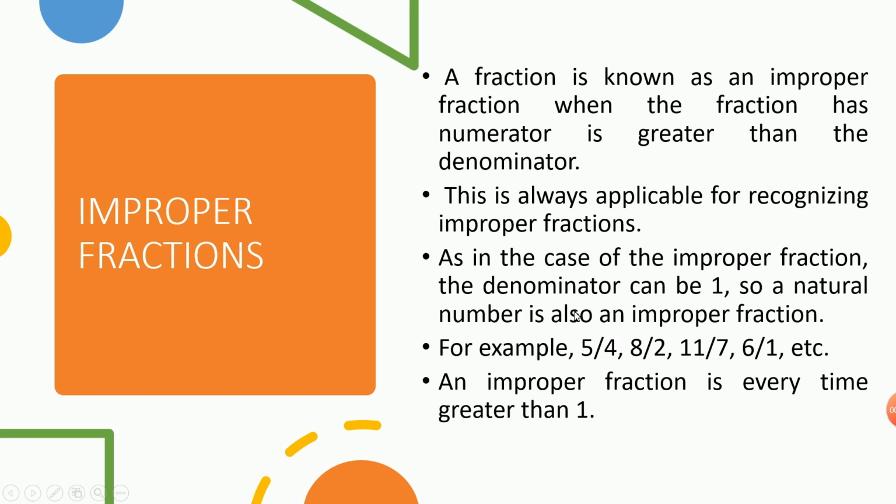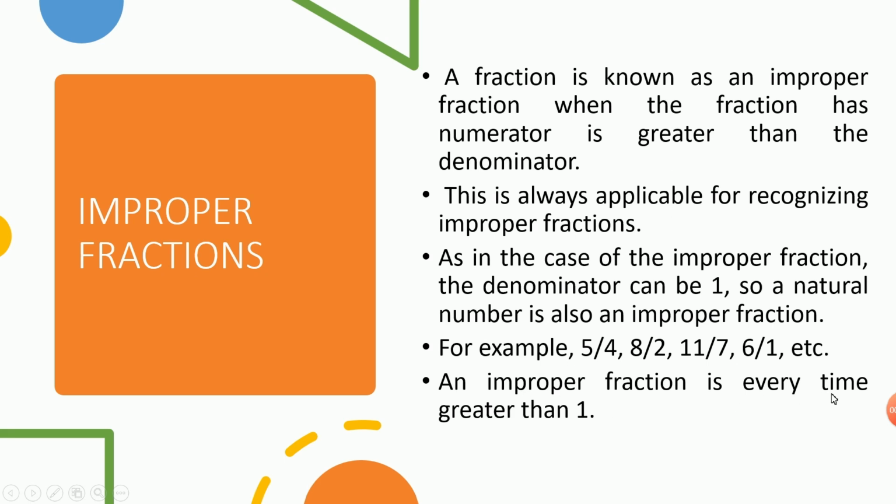So a natural number is also an improper fraction. Normally we write the numbers 1, 2, 3, and they could be written as divided by 1 also. So 5 divided by 1 is also 5 only. In that case, all the natural numbers are also improper fractions. So keep that in mind.